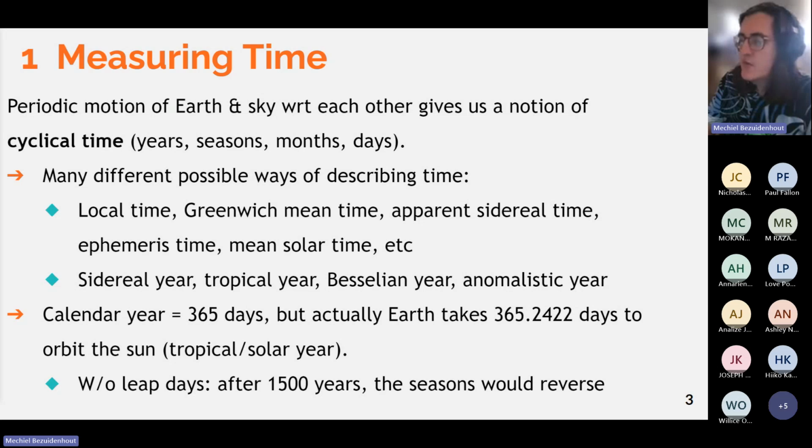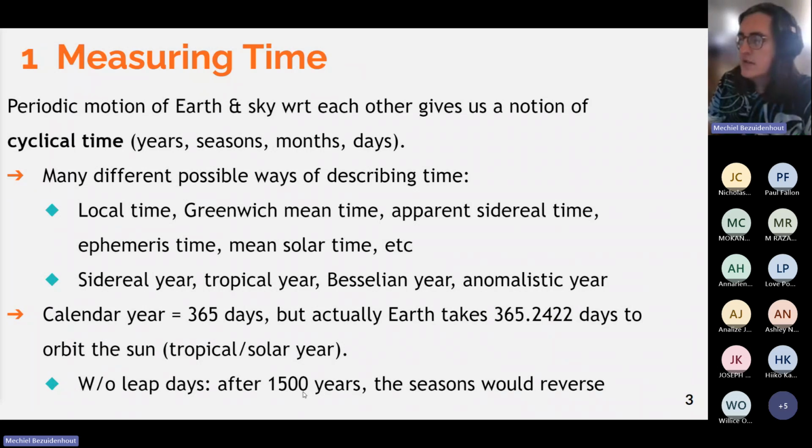That's called a tropical or solar year, meaning that if we didn't use leap days, the error is about 0.2422 days a year, which means that in 1,500 years, the seasons would reverse completely.